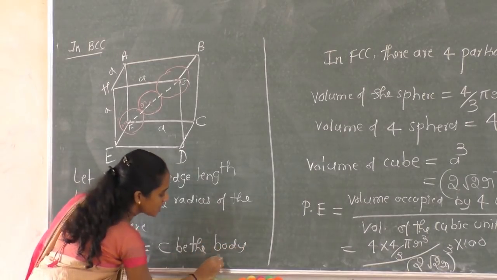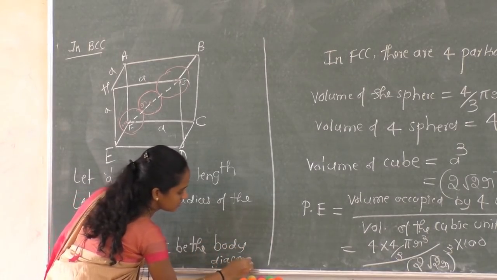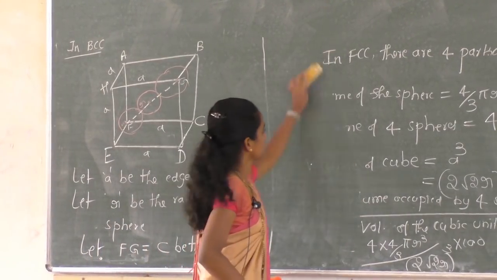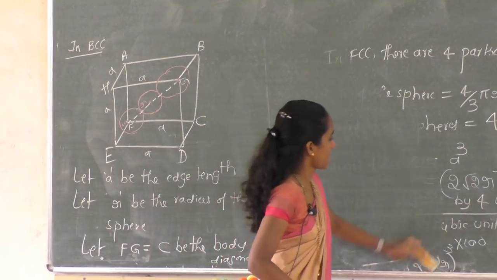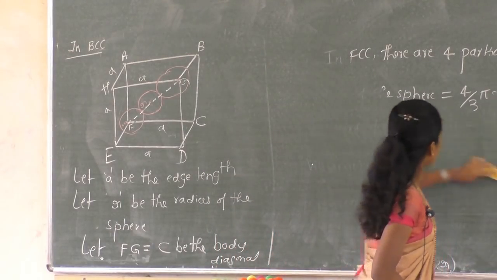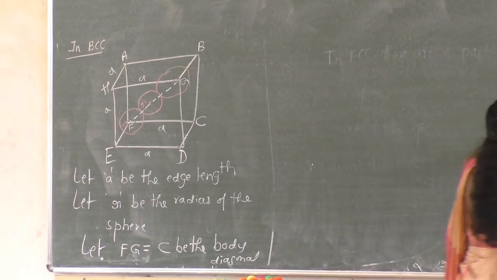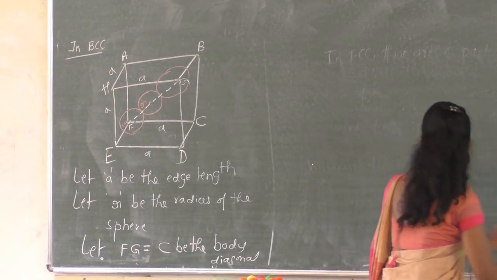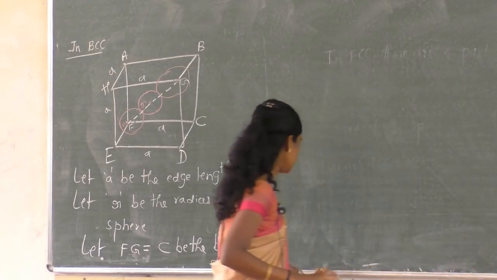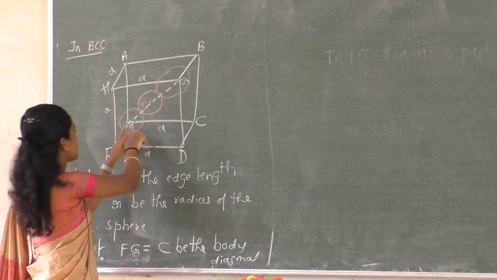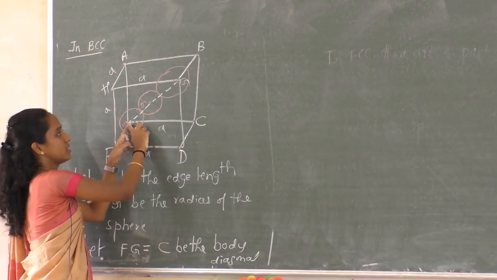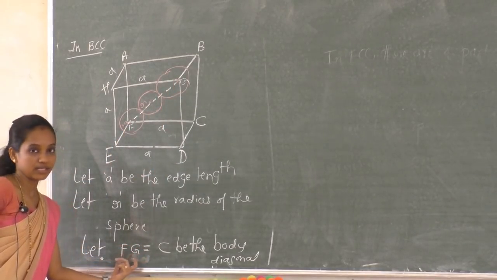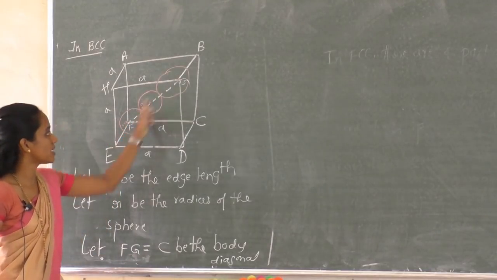So I have joined the corners F and G. It is the body diagonal. What is its length? Let it be C.